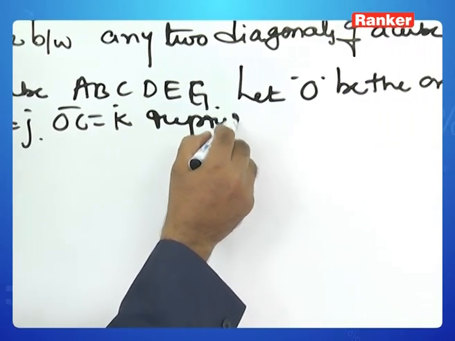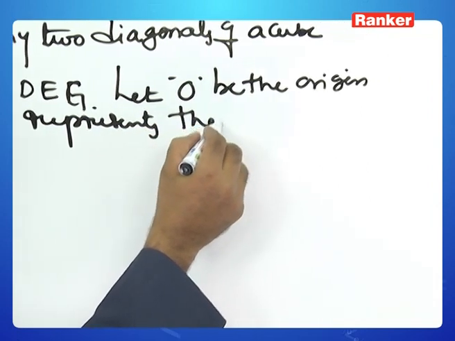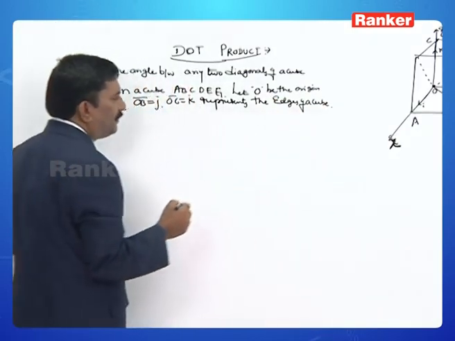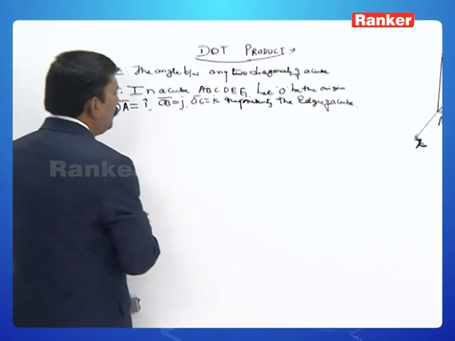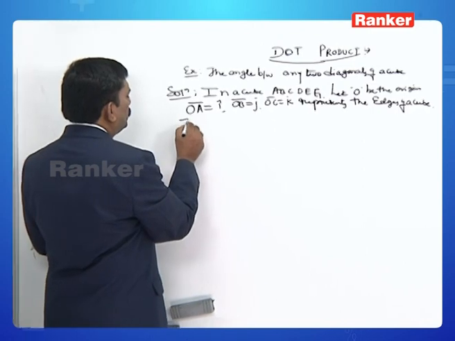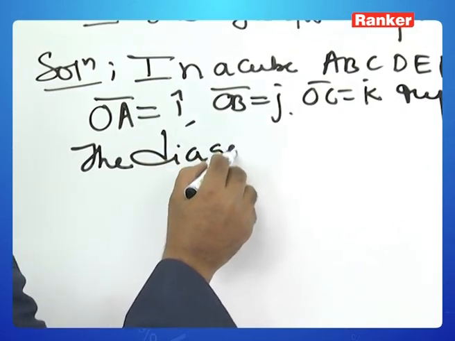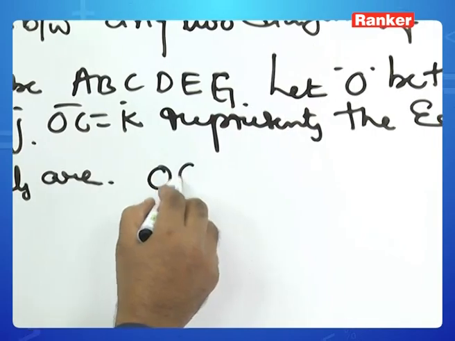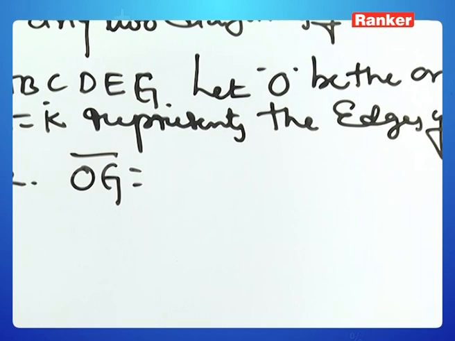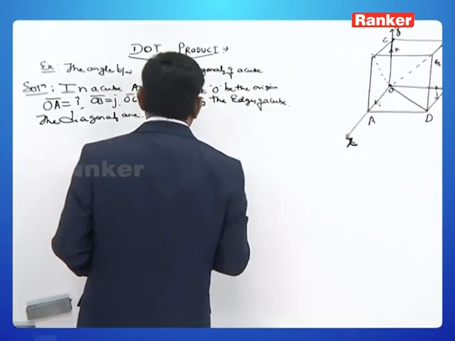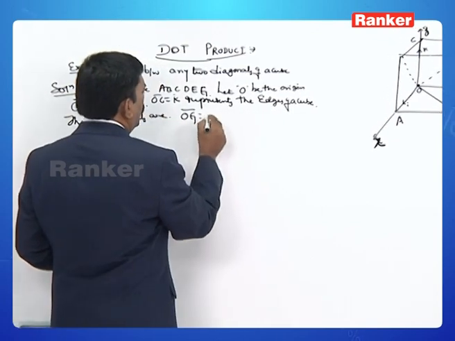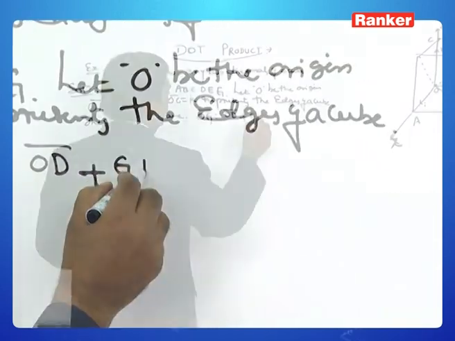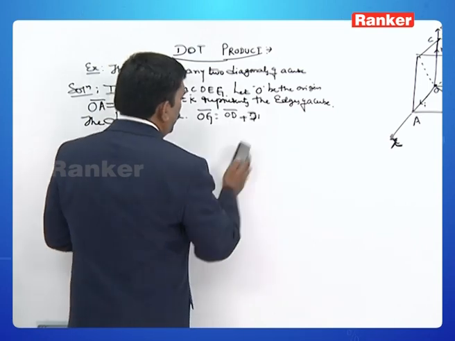These represent the edges of a cube. Now the diagonals are, first of all, OG. So now I can write OG is equal to OD bar plus DG bar, that is OD bar plus DC bar.